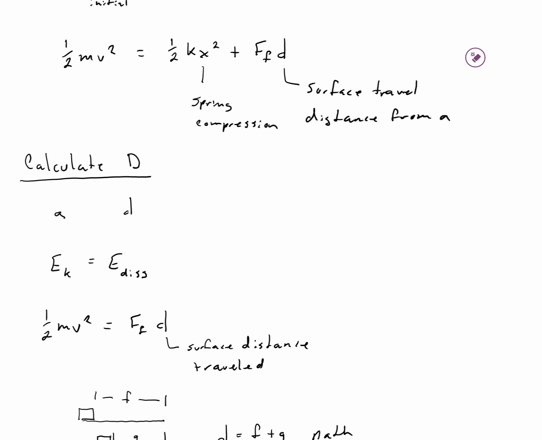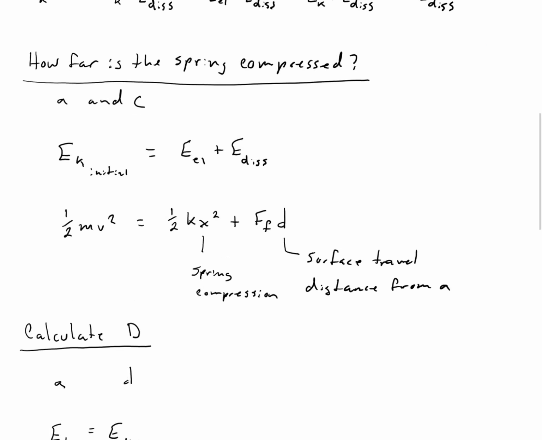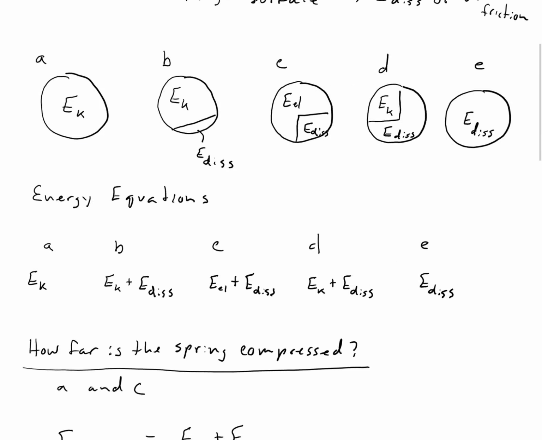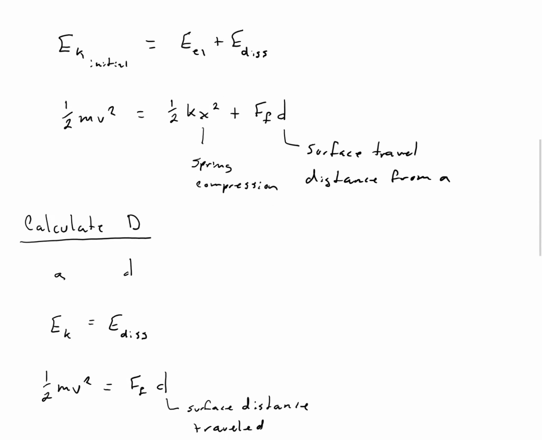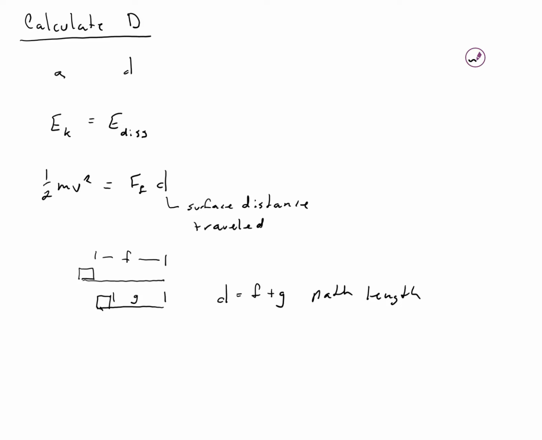It's supposed to be an L, there we go. And D is just a component of that. If you look at your original diagram up here, D is just the distance from the end of the spring to where it stops. And so maybe a little note here: includes spring compression.